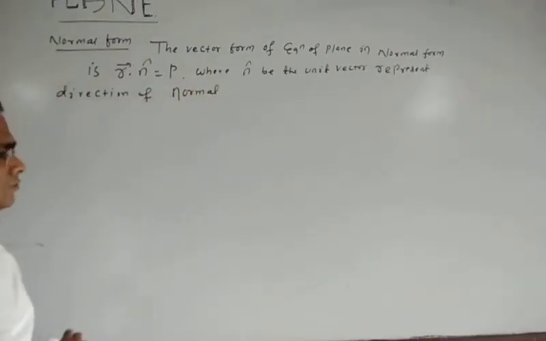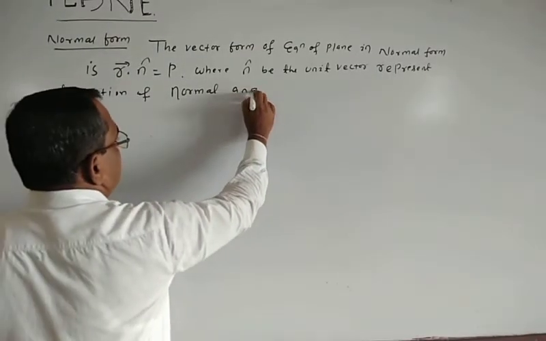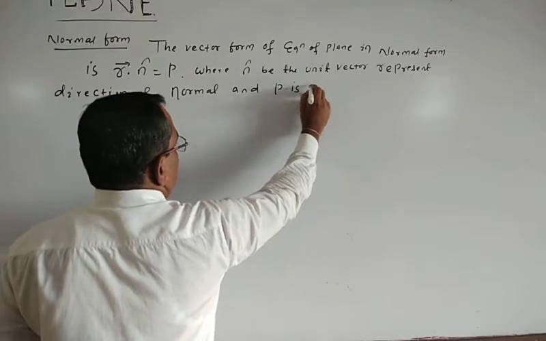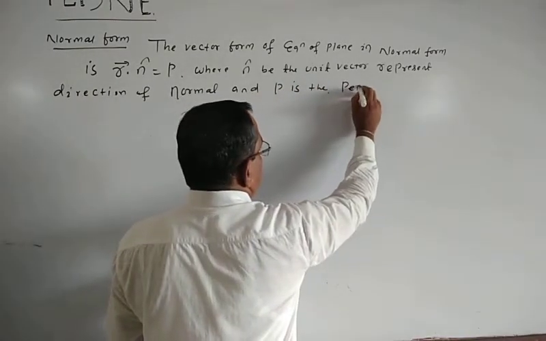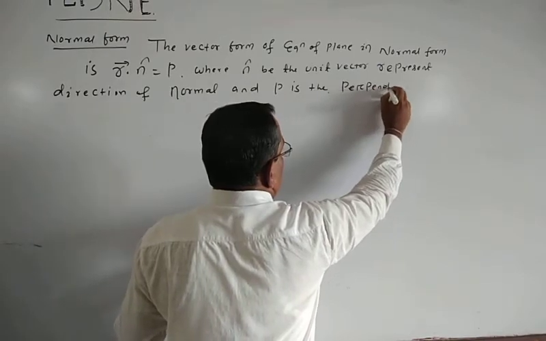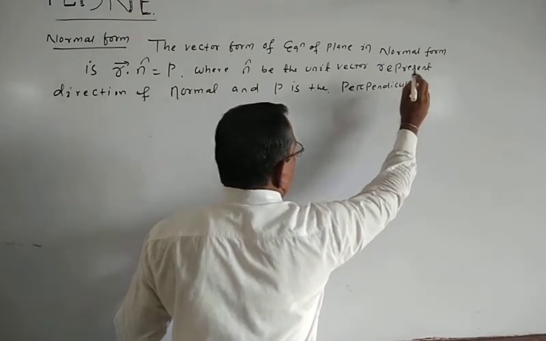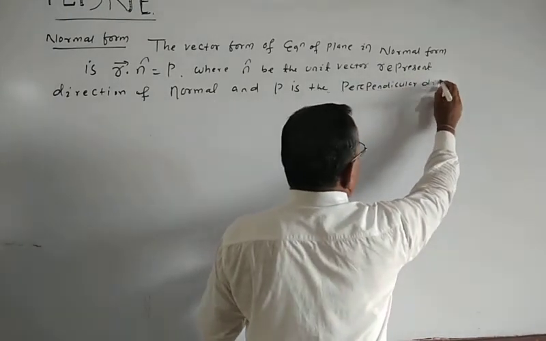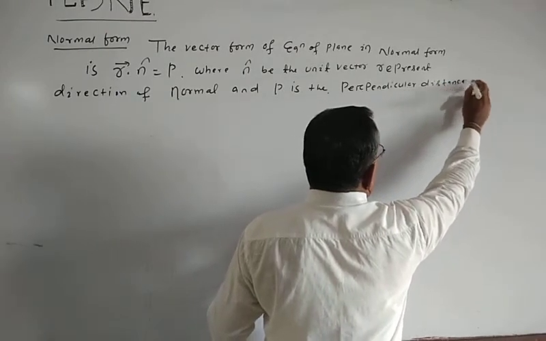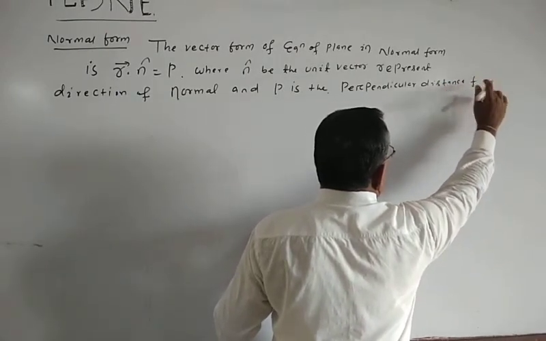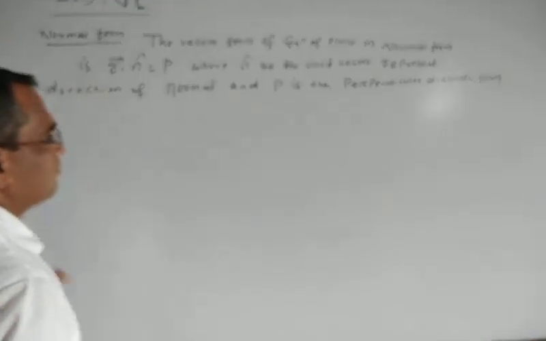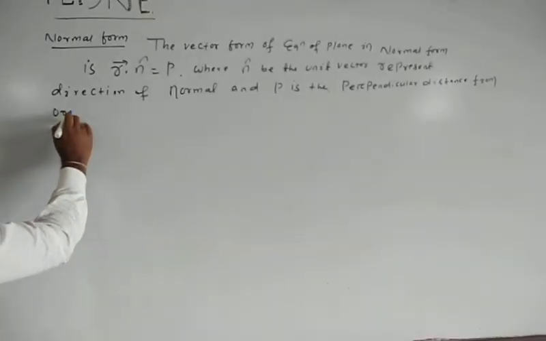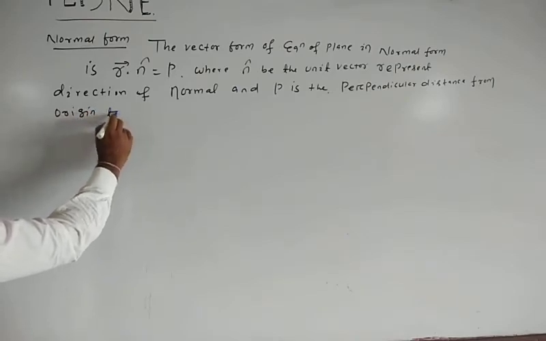Normal means perpendicular, and p is the perpendicular distance from the origin to the plane.